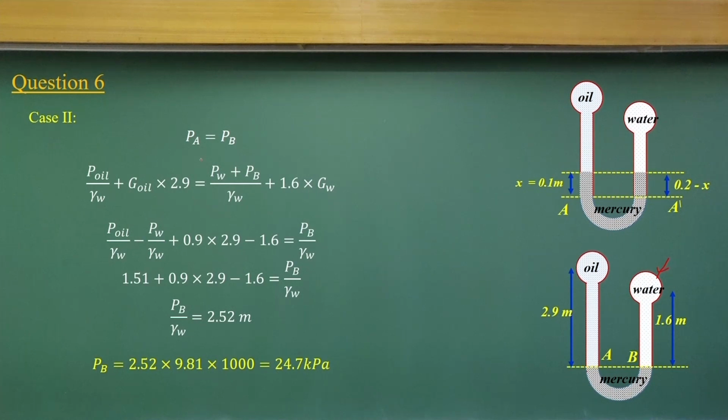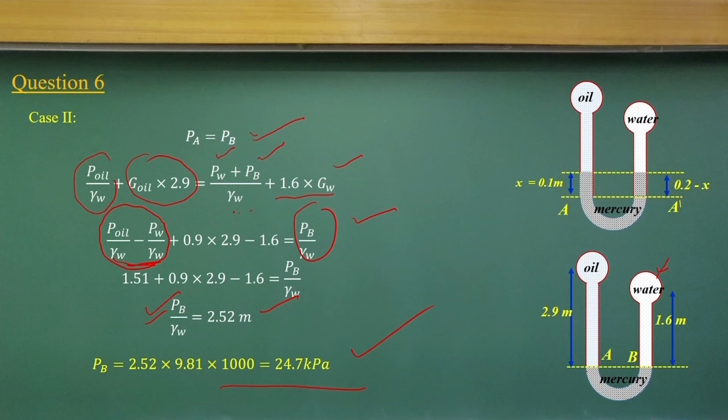So Pa is equal to Pb, that will be the oil plus 2.9 into the specific gravity, and the water with the increased pressure of Pb. Just rearranging this part, since this component is known to us, you can compute the Pb value, which will be 24.7 kilopascals.